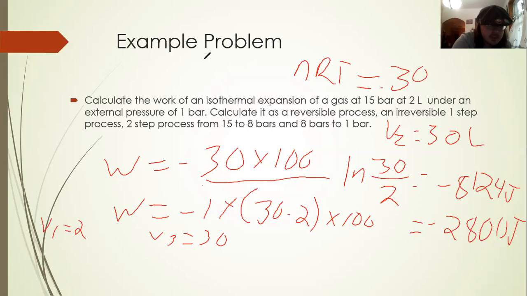But now V2 is somewhere in the middle. 30 equals 8 times V2. 30 divided by 8, you have 3.75. Okay, so you add the two steps together. So work, step 1 is negative 8 times 3.75 minus 2.